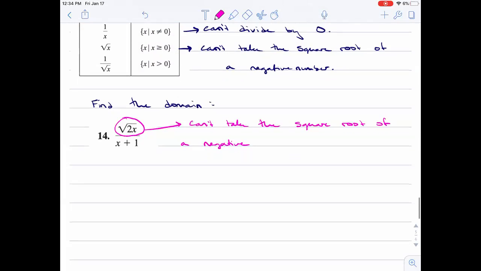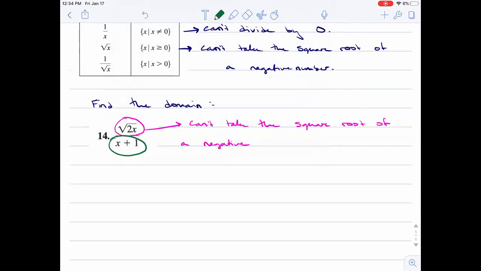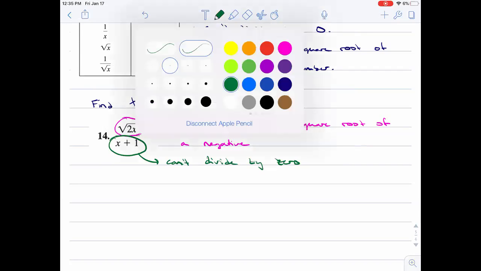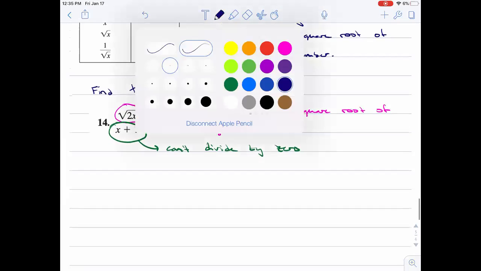And then down here, we can't divide by 0. So usually how I approach this is I figure out what values cannot happen, because that's easier. And then I go from there.